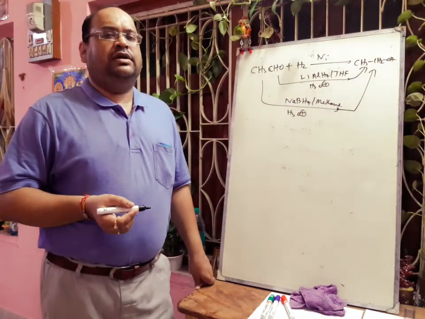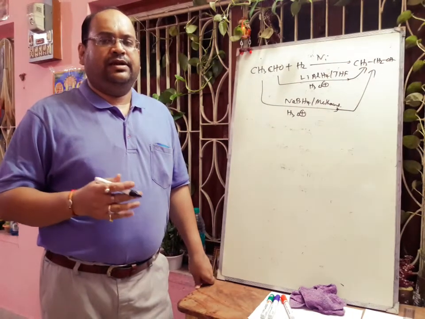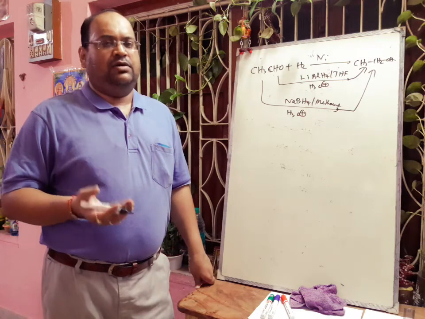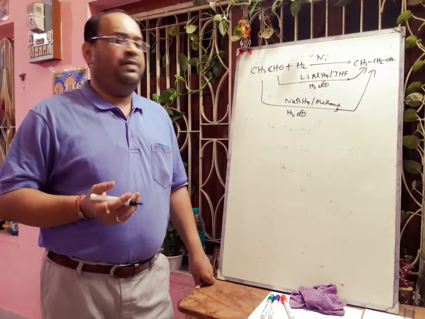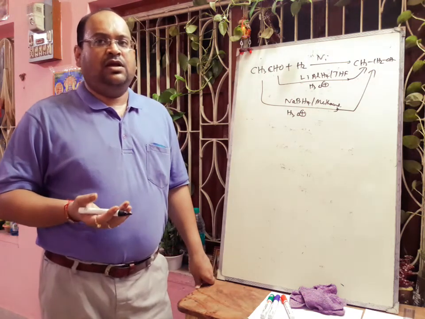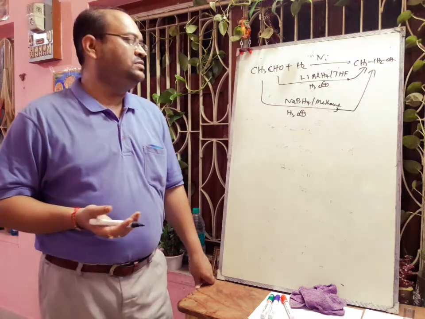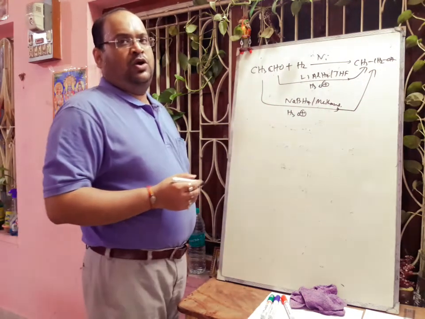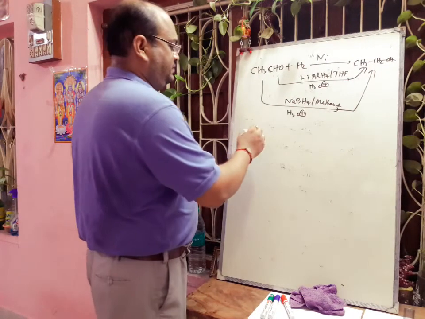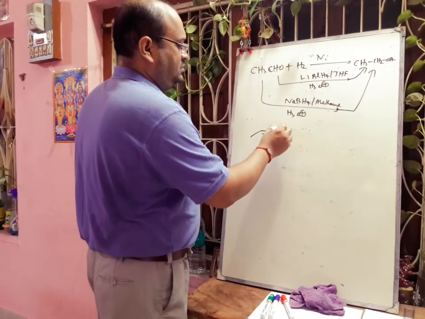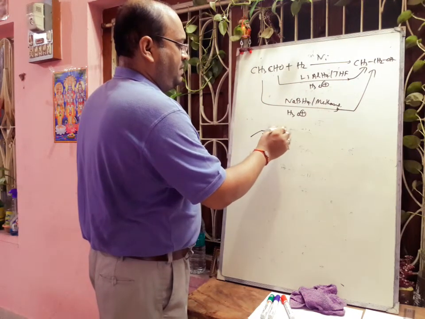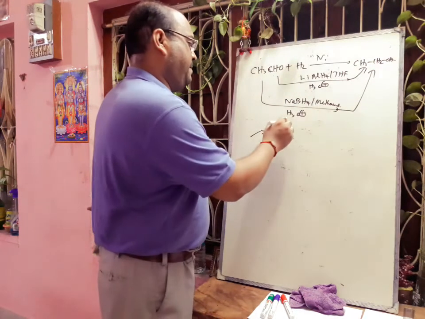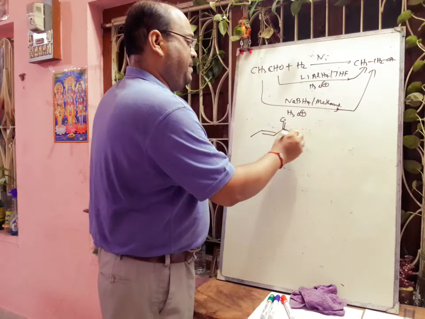Now we can prepare alcohol where an alpha beta unsaturated carbonyl compound is present. Suppose we are taking crotonaldehyde.